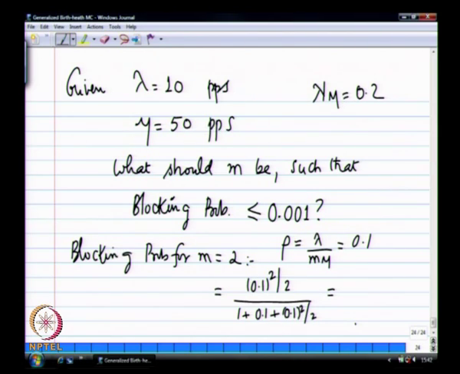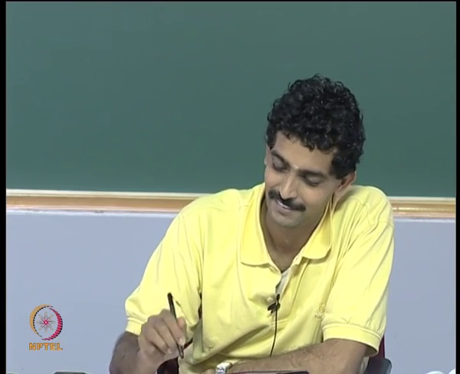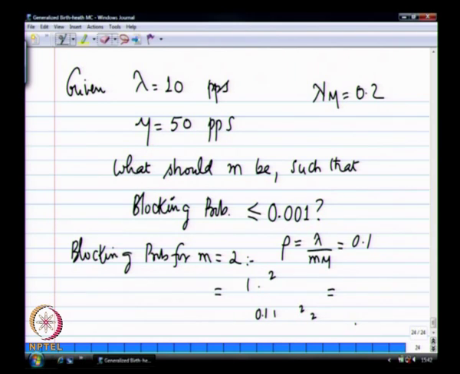And what is that? 0.36, very high. I am sorry, m rho is 0.1. Actually, m rho does not matter. We will abandon this all over again. Let us go to the next page.